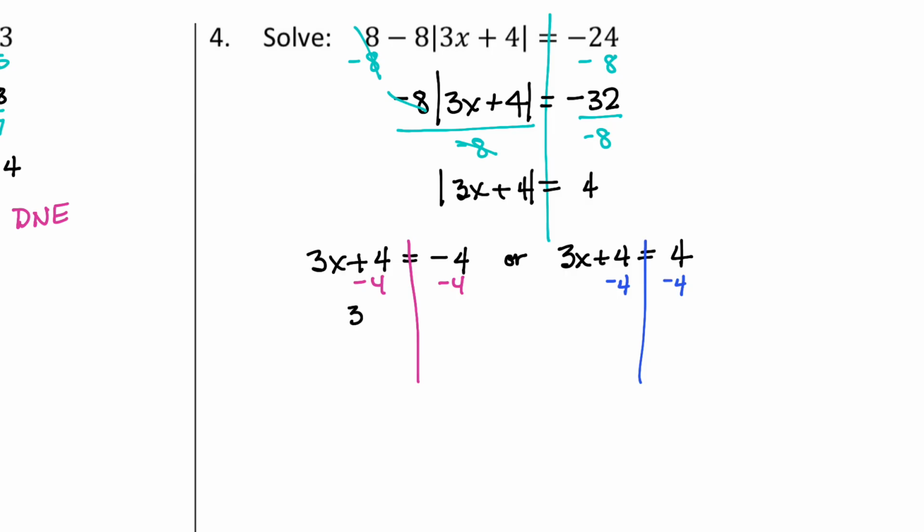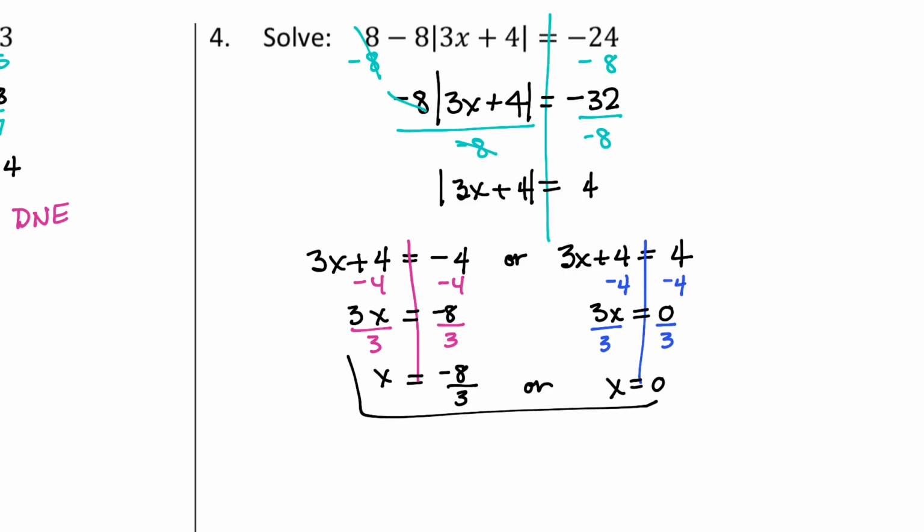Okay, I prefer to solve one side completely before solving the other side, but that's just me. Maybe you want to do this. Okay, I'm just showing you some options. Because the steps are identical, this might be something that you'd be interested in doing. Okay, so for the left, we get -8/3, and for the right, we get 0. Bring your OR down. And there we go.